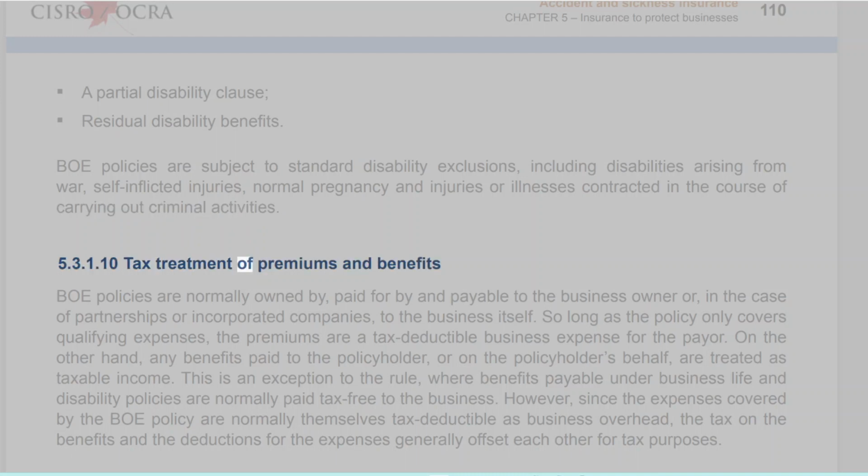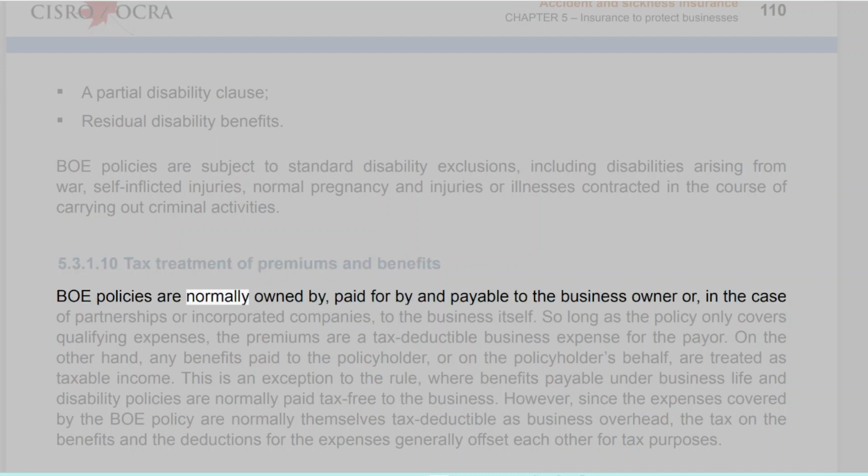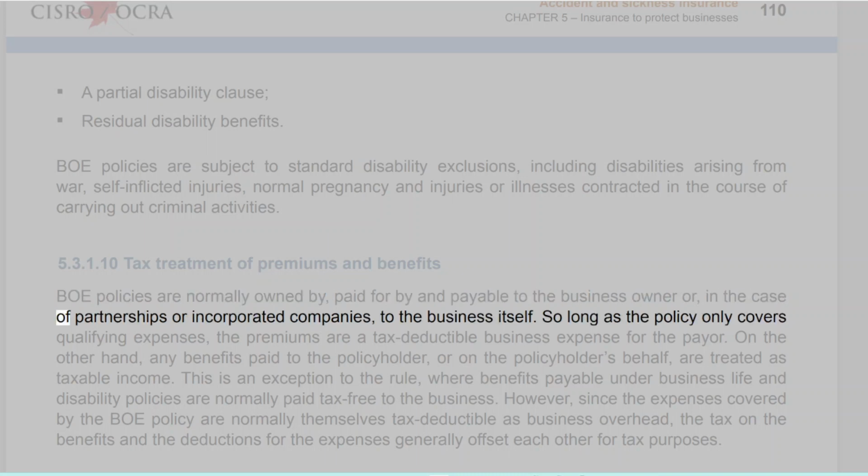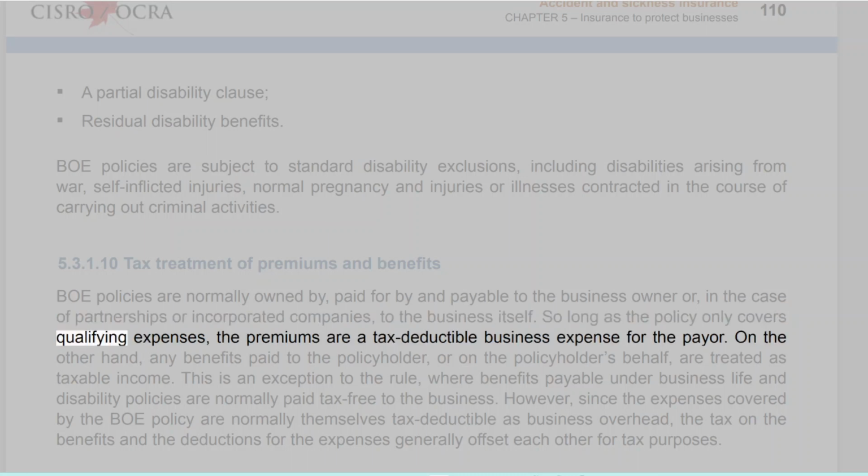5.3.1.10 Tax treatment of premiums and benefits. BOE policies are normally owned by, paid for by and payable to the business owner or, in the case of partnerships or incorporated companies, to the business itself. So long as the policy only covers qualifying expenses, the premiums are a tax-deductible business expense for the payer.